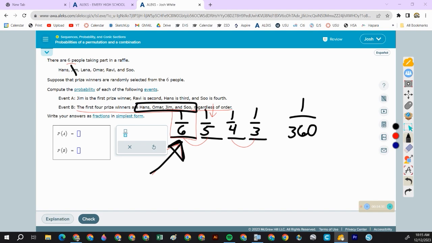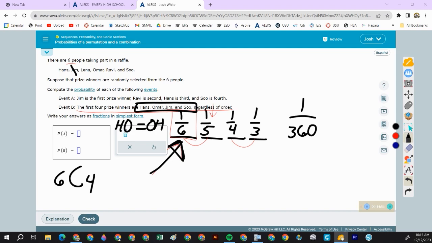So this HO is exactly the same thing as OH. So this is a combination. And there are 6 people, and we're choosing 4 of them, right?